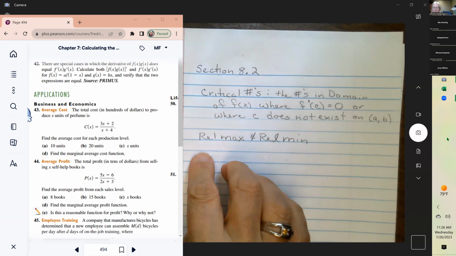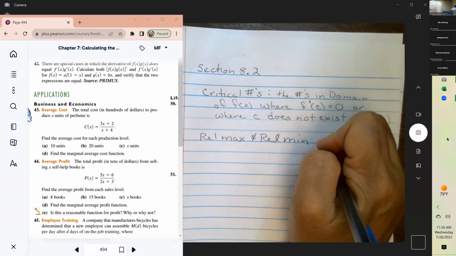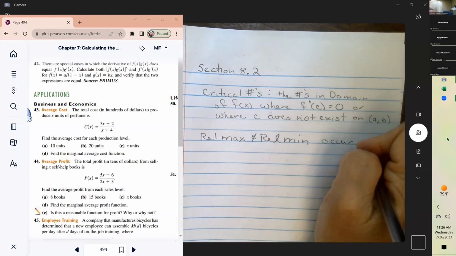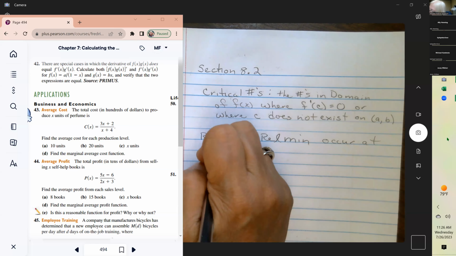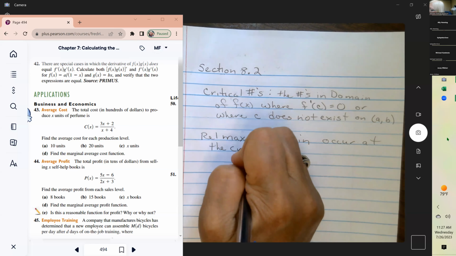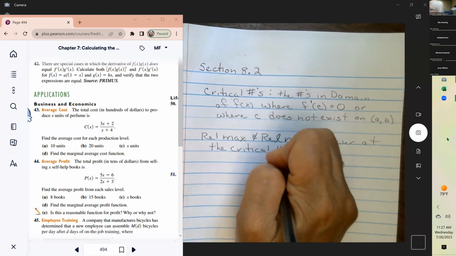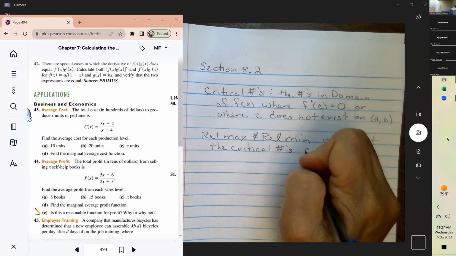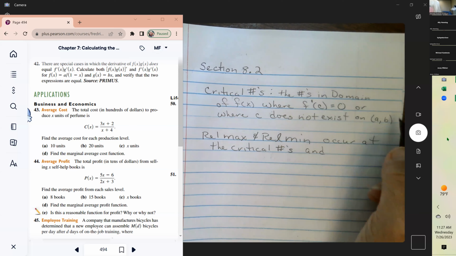The relative max and the relative min occur at the critical numbers, and if there's endpoints.